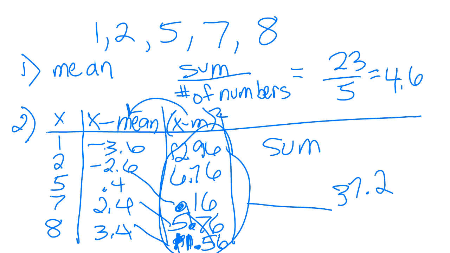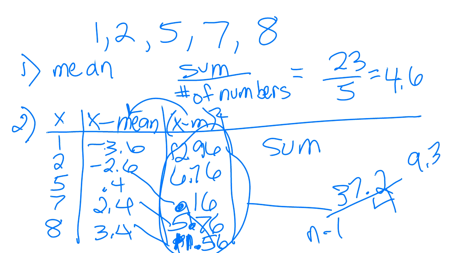Then you divide by n minus 1. So we divide by the number of numbers minus 1. This is not group frequency, so there's 5 numbers. So we divide it by 4, because it's a sample. If it was a population, you would divide by 5. That's 9.3.